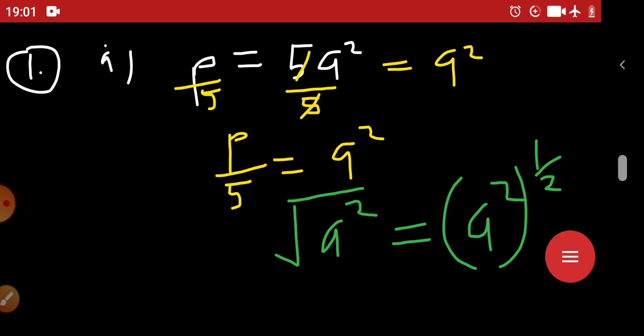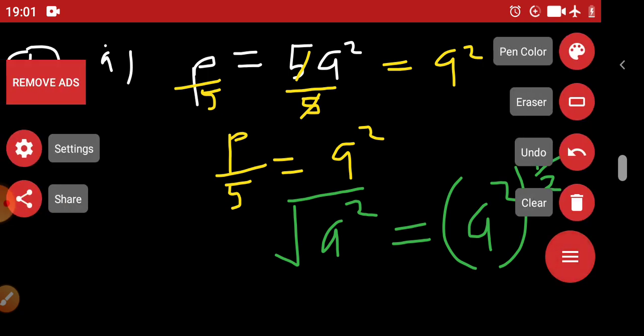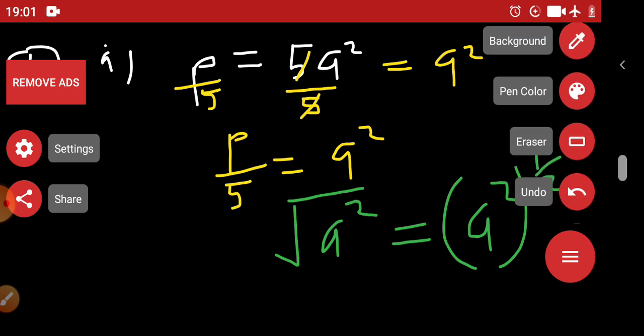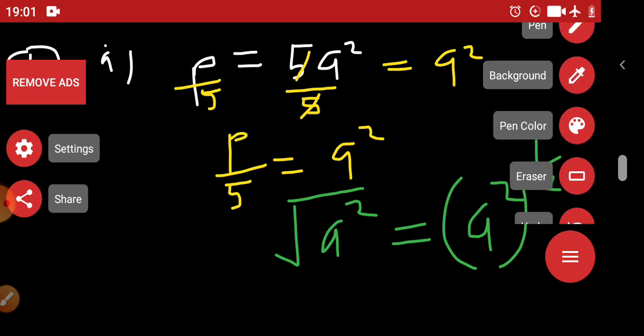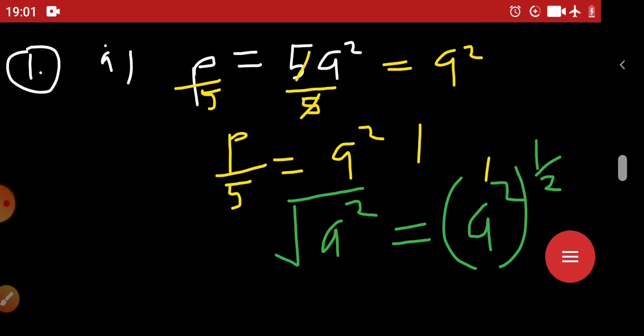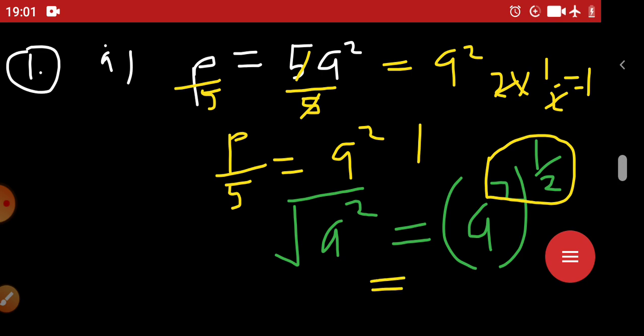You can see that this part is 2 times 1 over 2, which is 1, so that's why you have that a.